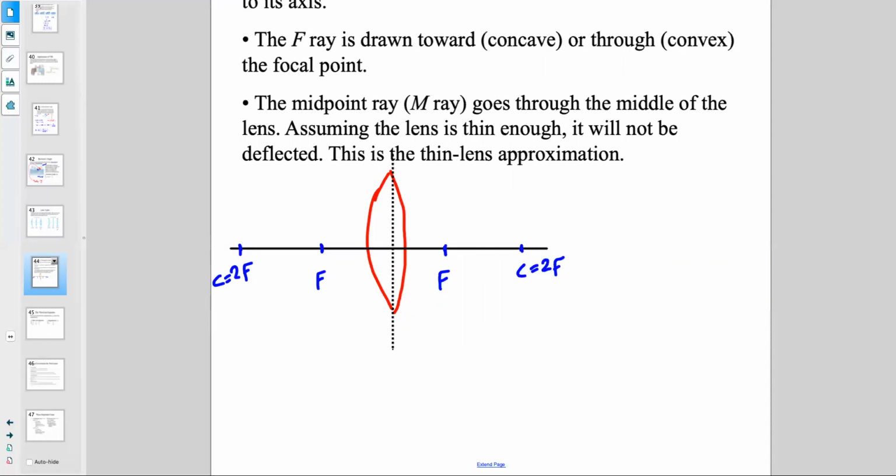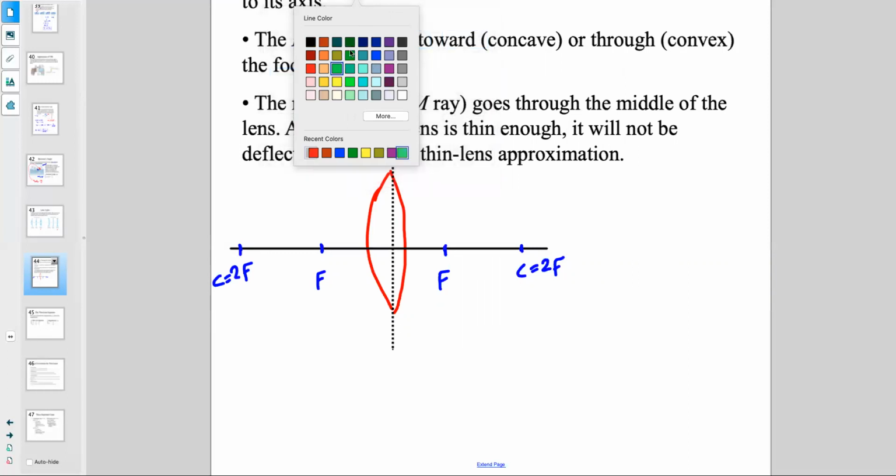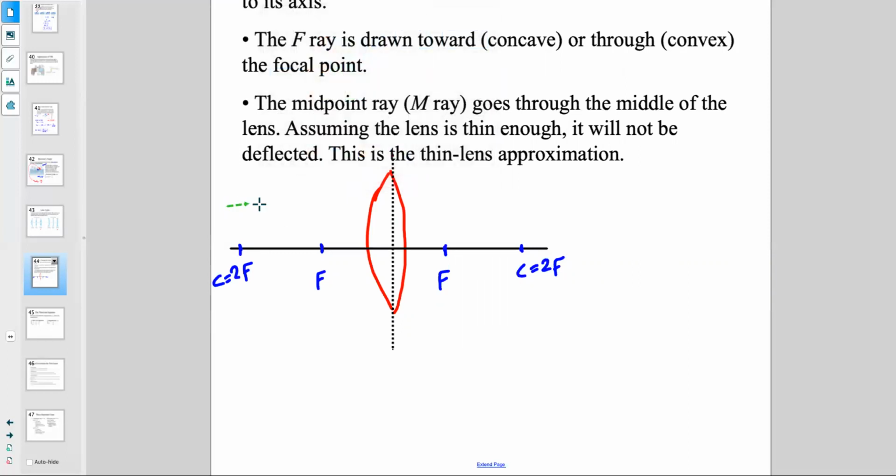Now, what you have here is very interesting, because just going over these rules, if you have an incident, let me change the color to something different this time. So I have a beam of light that is parallel to the axis. It will be refracted in a way that's going through the focus point, okay?